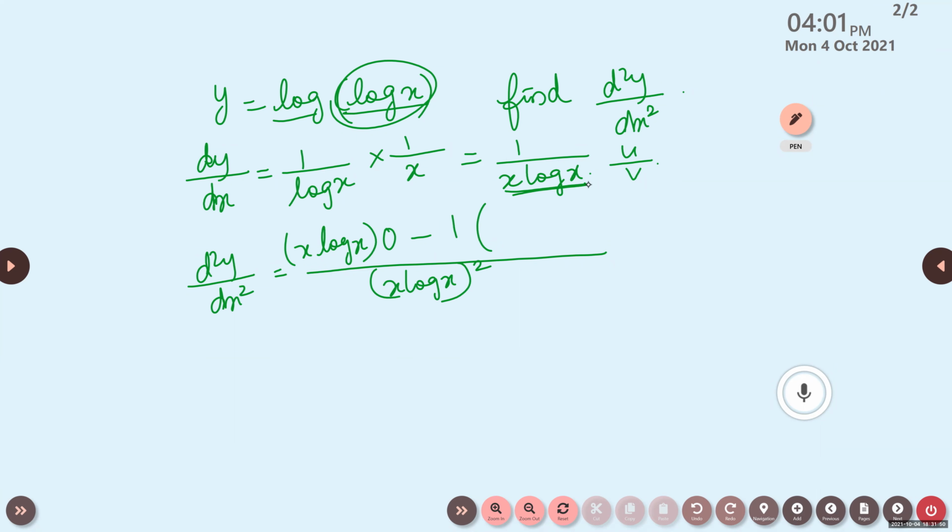When you differentiate x log x, we have to use the product rule. X into the derivative of log x, 1 by x, plus log x into the derivative of x, which is 1. Here x will get cancelled. So we get x log x minus 1.